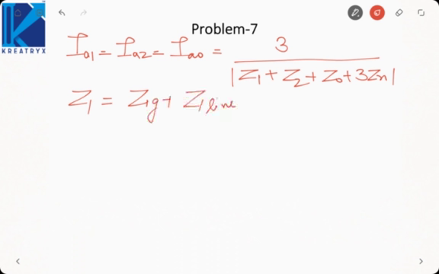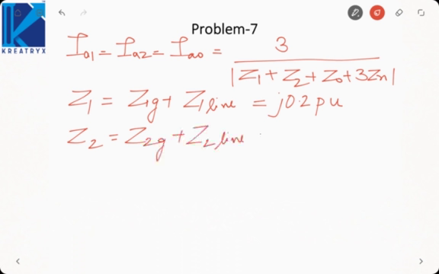Since both are connected in series, their respective sequence impedance will be added. So it will come out to be J0.2 pu. You have to separately form the sequence network for each sequence. Z2 generator plus Z2 line, so it will come out to be J0.2 pu.